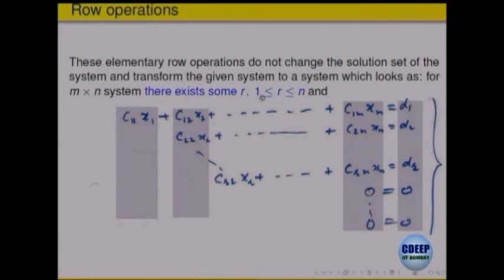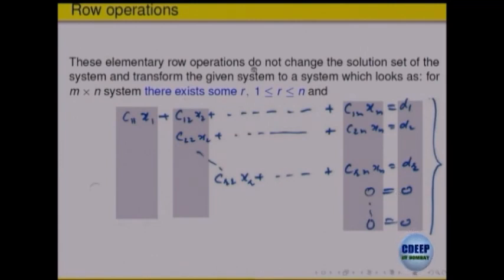So, there is a number r between 1 and n such that the first r equations possibly have non-zero coefficients Cij, and on the right hand side possibly these are non-zero, but after the r plus 1 equation everything is 0 equal to 0. So, what we have done is we have reduced the number of equations which are required to find the solution to r equations possibly. Here the remaining m minus r equations are all 0 equal to 0.